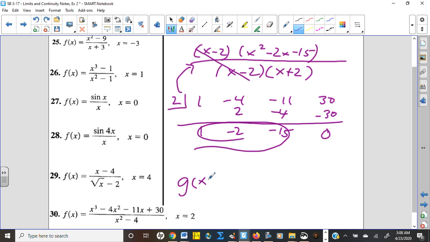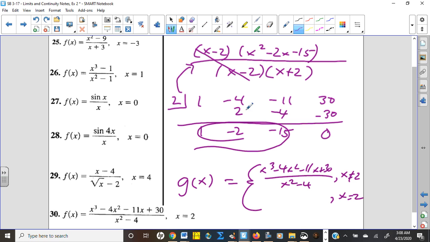Your extended function g of x is going to be the original function everywhere except 2. At x equals 2, let's find out what it's going to be.